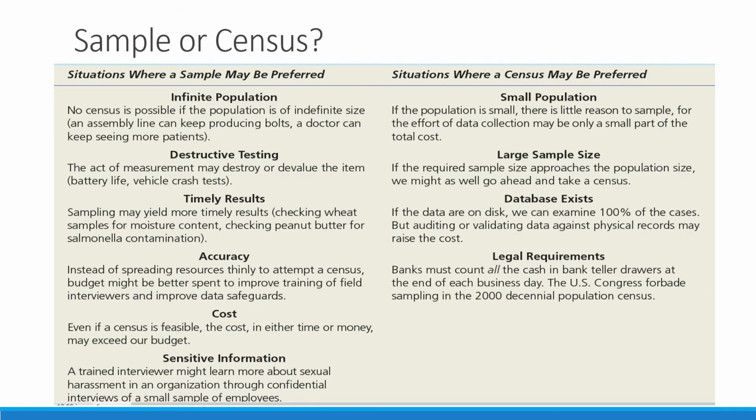So this table summarizes the situations in which we may prefer samples over census or the reverse. Let's start with census. Situations where a census may be preferred.